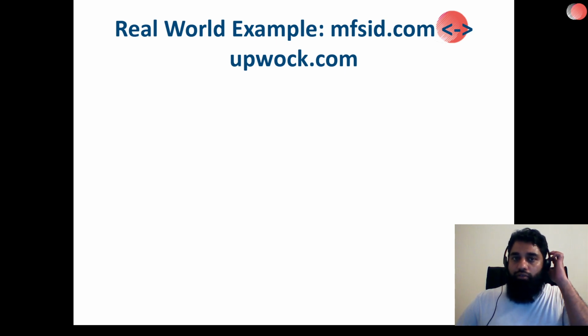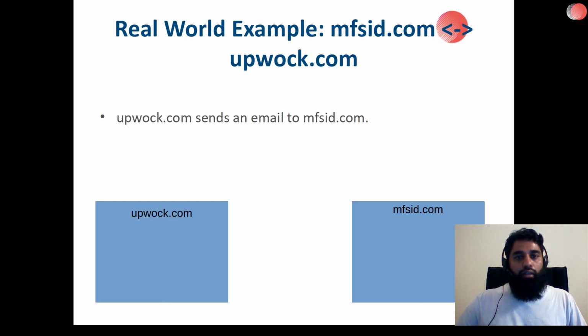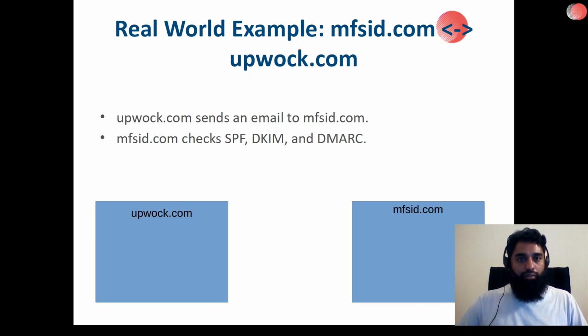So we will use two of my domains as real world examples. Let's say upwork.com sends a message to mfsid.com. It checks SPF, DKIM and applies DMARC policy. So mfsid.com checks SPF, DKIM and DMARC of Upwork by querying the DNS of Upwork.